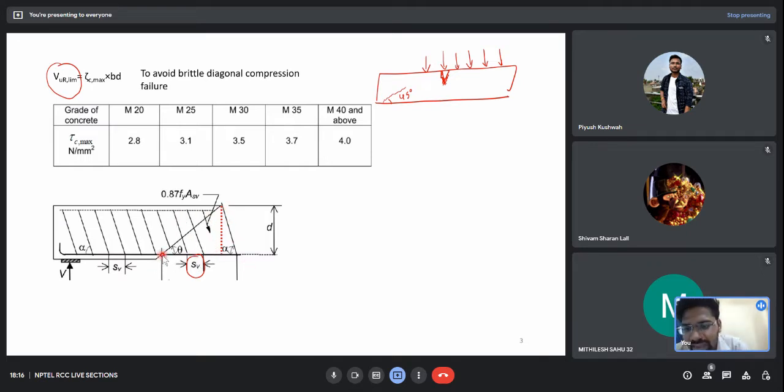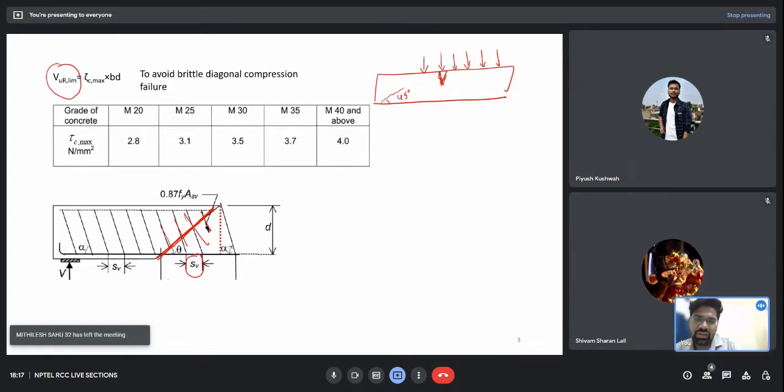This crack is prevented by how many stirrups? One stirrup, two, three, four stirrups. And this crack is occurring at an angle of theta.